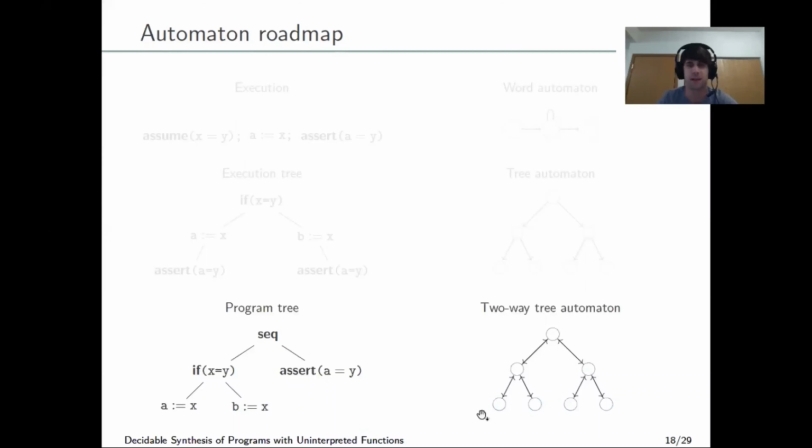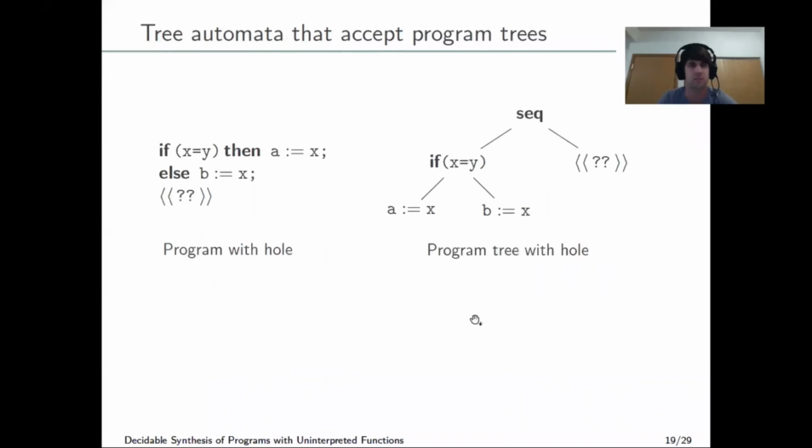So the corresponding automaton model we'll use for these is two-way tree automata. Taking that idea in the context of the program with a hole, the if-then-else on the left, we get a program tree with a hole on the right. And this has solved the uniformity problem. There's a single hole in the spec and a single hole in the tree representation that we would be reading.